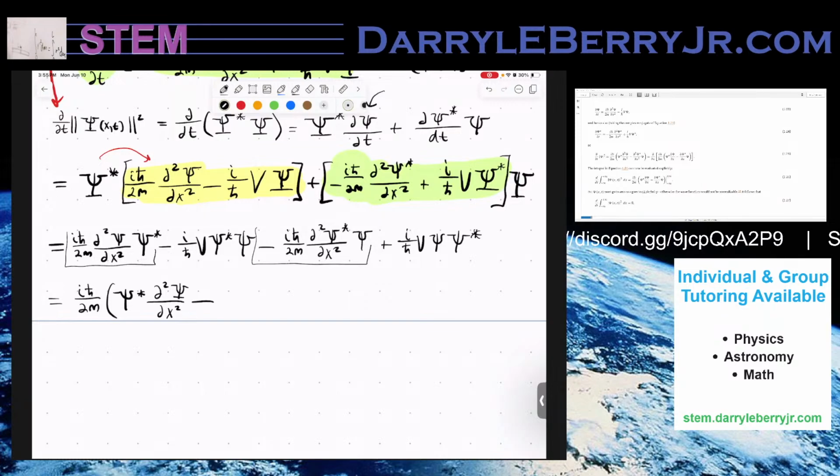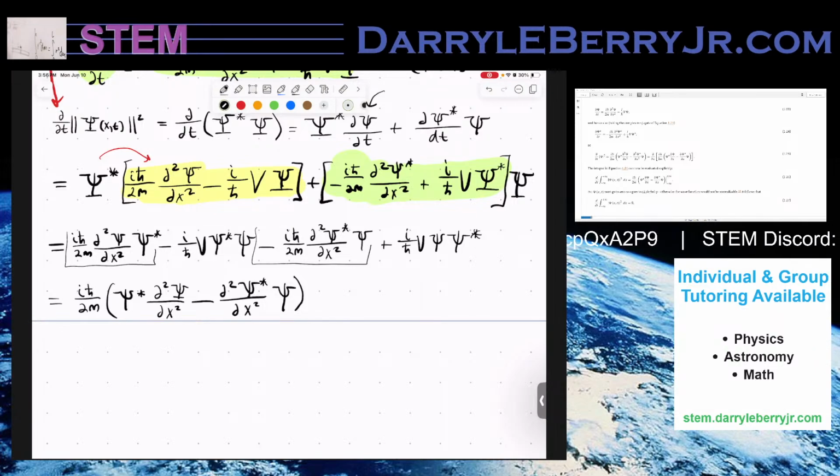So that's going to be partial derivative squared of psi star over partial x squared, and psi. So that's the first part there.